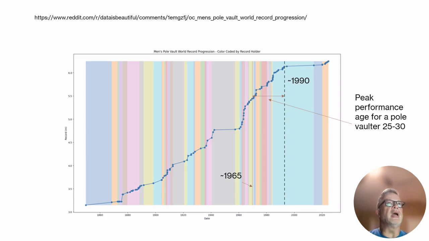Here you have a pole vault. Again, in the 90s, we see this rapid change in gradient, and very slow, almost like a plateau behavior later on. And now from the 90s, you have to subtract roughly 25 to 30 years.